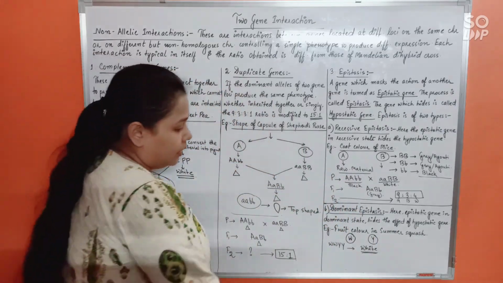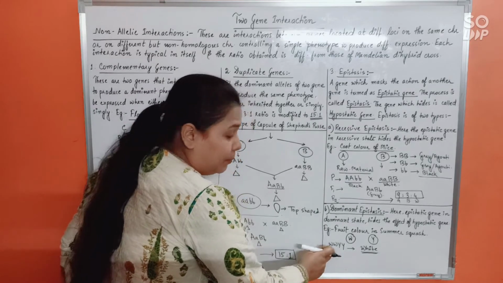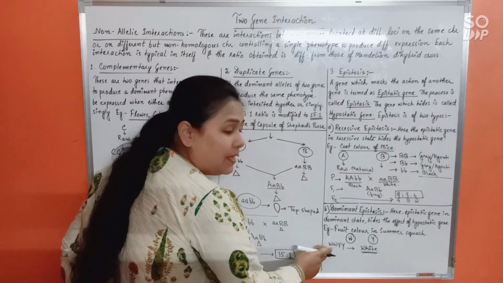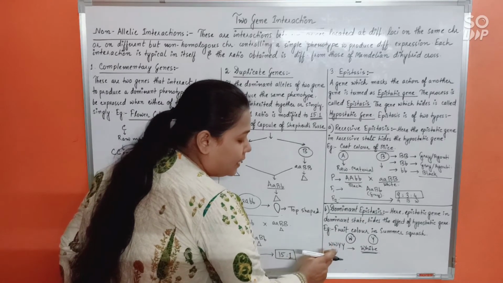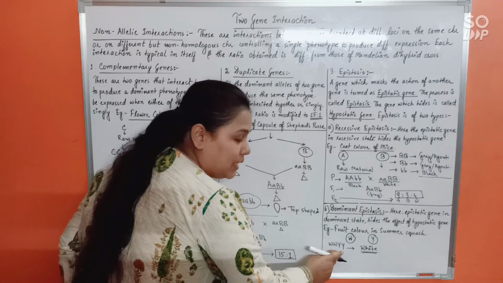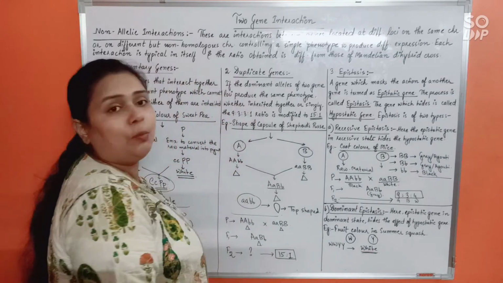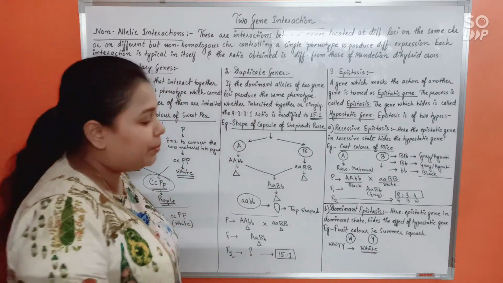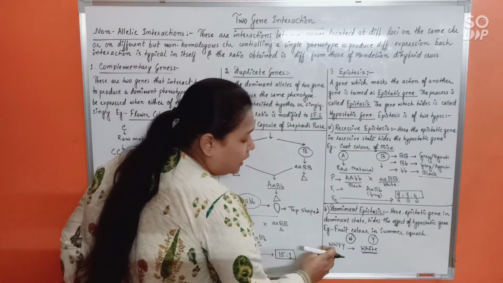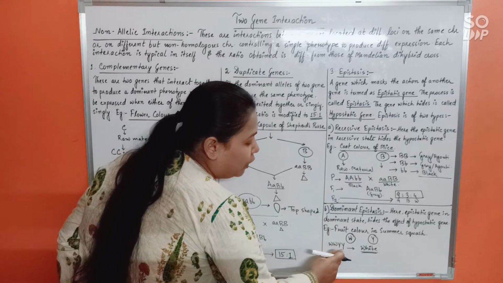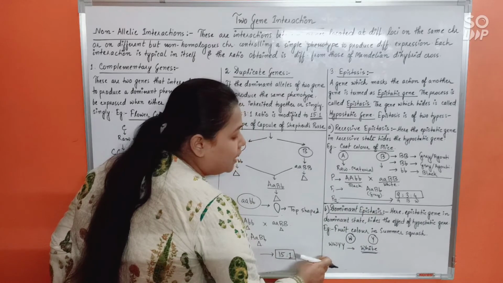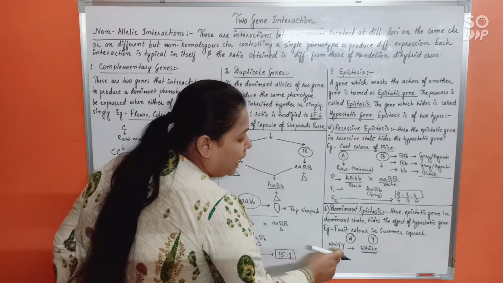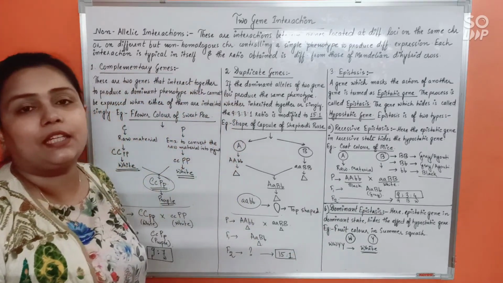That means the gene W is acting here like an epistatic gene, because when it is present in the dominant state, is it allowing gene Y to express itself? Is there any hint of yellow produced? No. So in the dominant state, the W gene is not allowing Y to express itself. So we call it dominant epistasis, where W is the epistatic gene and Y is the hypostatic gene.